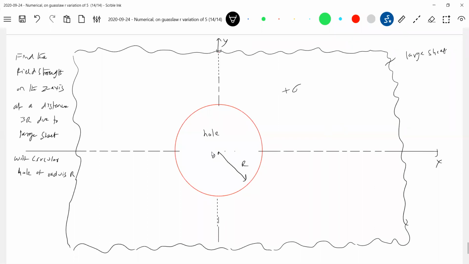Okay, now go back. Do we have any formula for a large sheet? Anybody? Is there any formula, or do we have to derive it? I think we have already discussed this. So what is the formula for a large sheet? 2 pi sigma g.